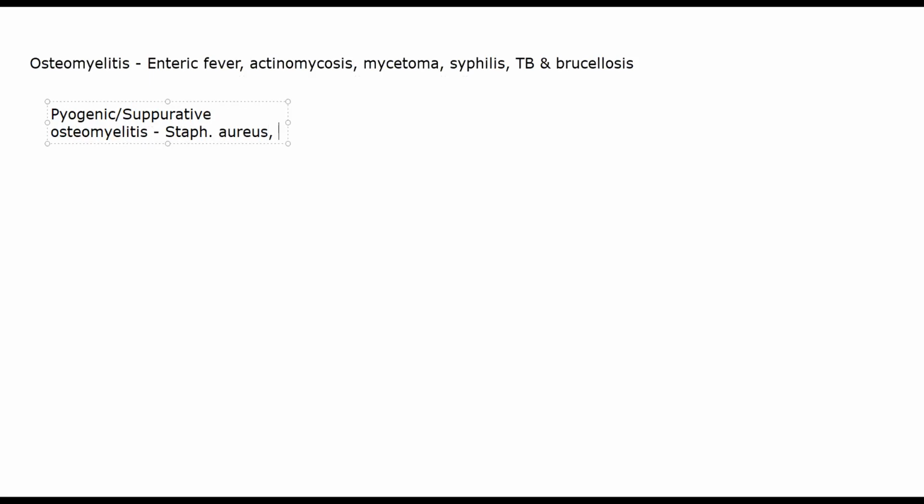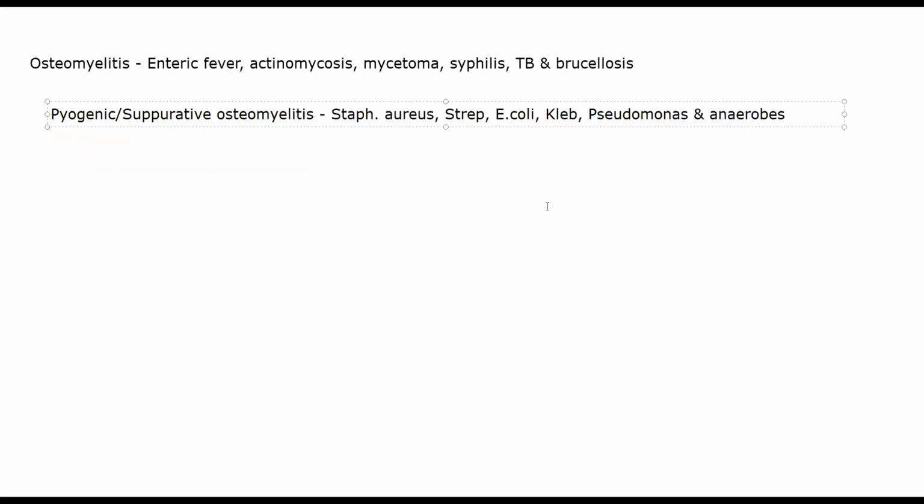Sometimes it can also be caused by streptococci, E. coli, Klebsiella, Pseudomonas, and a few anaerobes. So Bacteroides fragilis and all of those anaerobic bacteria can lead to this.